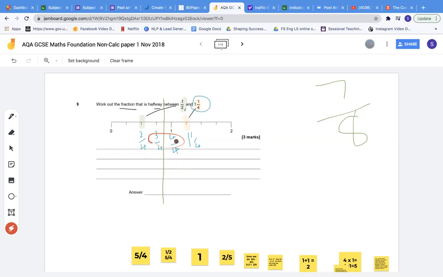Okay, we times it. So 3 times 4 equals 12. No, 3 plus 4 equals... What's the halfway point? Sorry, 3.5.